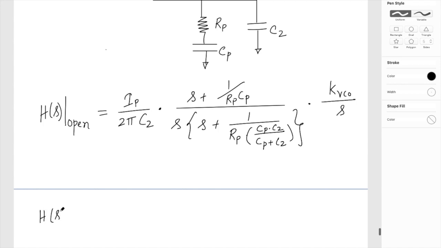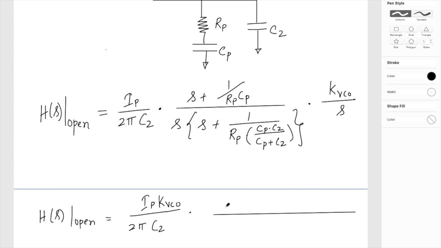My H(s) open is given by Ip by 2 pi C2 into Kvco into (s plus 1 by RpCp), over s squared into (s plus 1 by Rp into CpC2 by Cp plus C2).